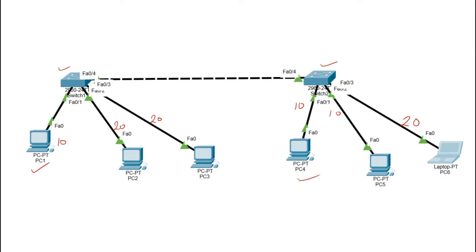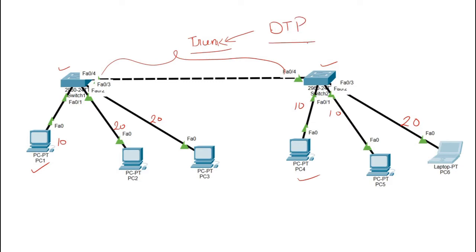Another thing we observed is that we have to configure this link as a trunk port. This should be a trunk. For the purpose of this trunk, I told you about a protocol, DTP.